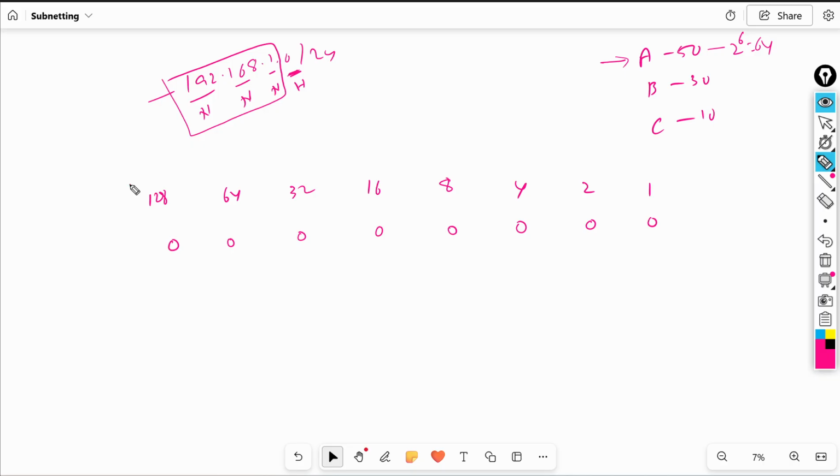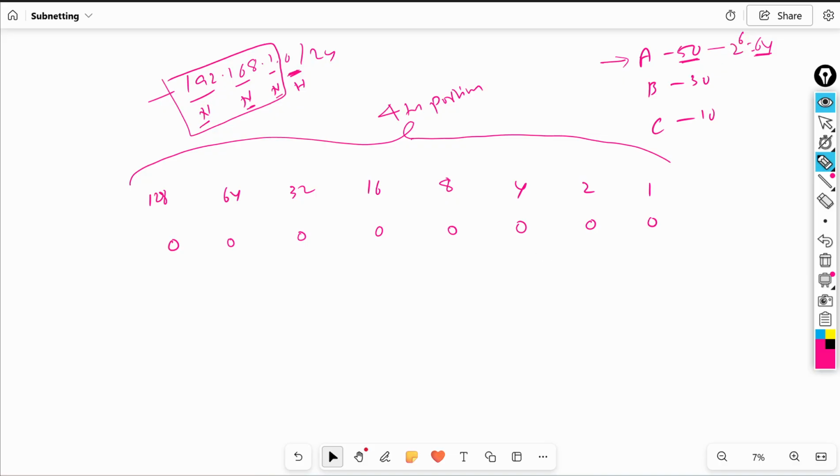This is the fourth portion. Remember this point. We are in the fourth portion. First portion network portion, second portion network portion, third portion network portion. We cannot do anything here. So in the fourth portion we have 8 bits. To meet our requirement, what is our requirement? 50 IPs. 50 IPs means how many IPs do we need to take? 64 IPs. 64 IPs means 2 power of 6.